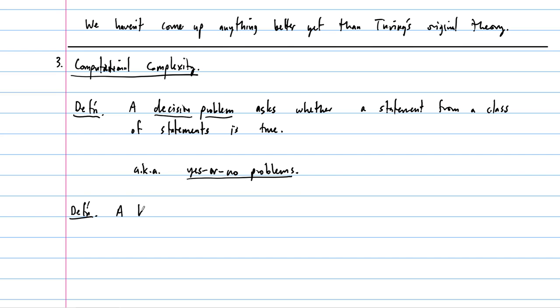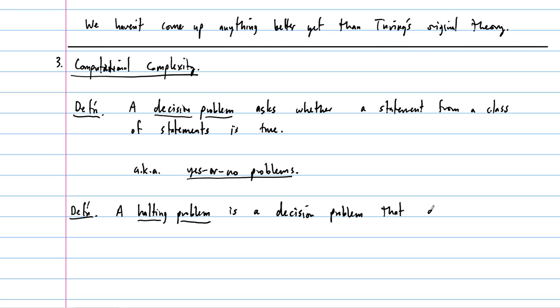Probably the word halt itself gives you an idea of what this is going to be. A halting problem is a type of decision problem that asks whether or not a Turing machine eventually halts when given a certain input string.